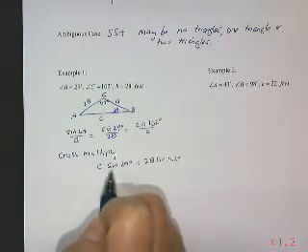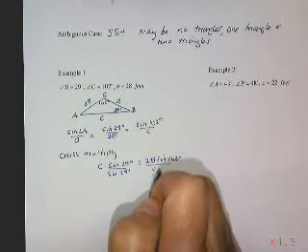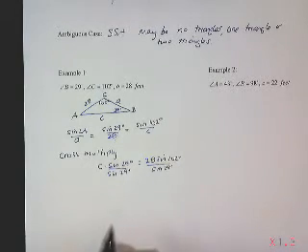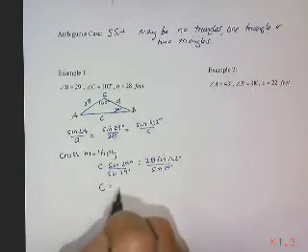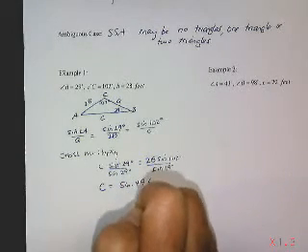I want to find c, so I'm going to divide by the sine of 29 degrees. So when I put this in my calculator, I get c is equal to 56.49 feet.